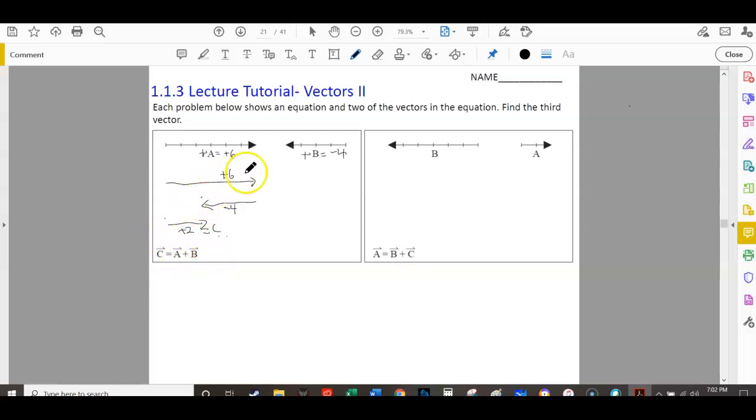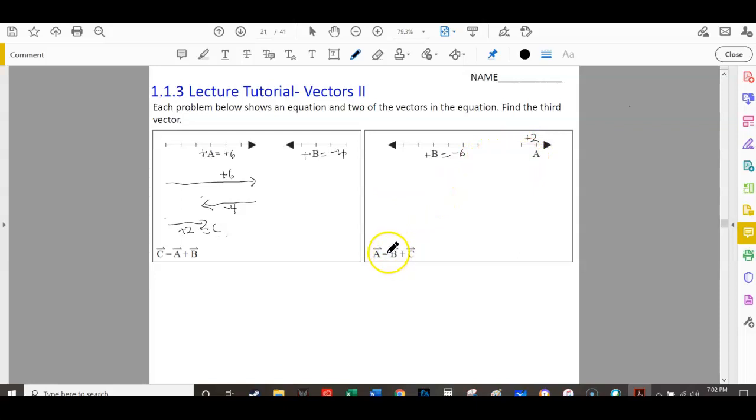Okay, so over here you have a b vector that is 1, 2, 3, 4, 5, 6 to the left. So this is the positive b vector that's 6 to the left, and then the a vector is going to be a +2 to the right.